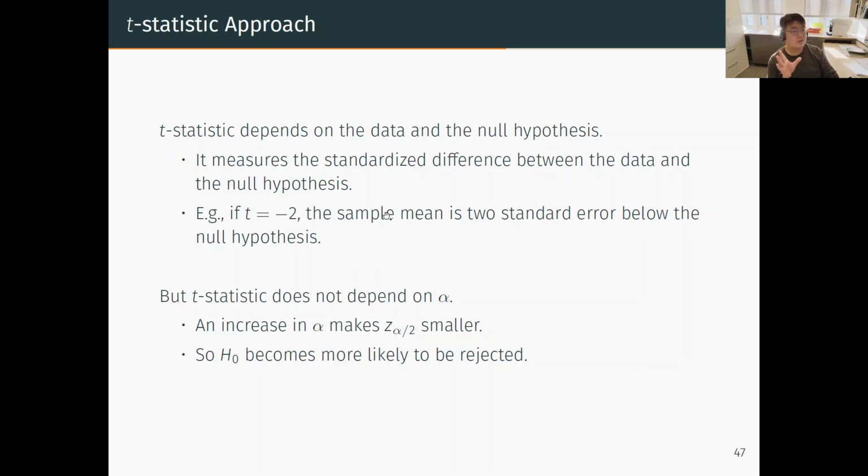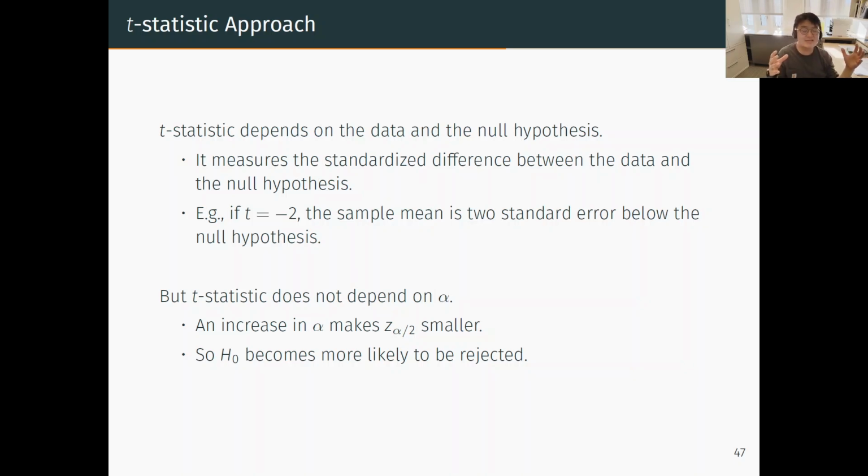Another thing is that the p-value is a little hard to understand. If I say the p-value is 1%, then as you saw in the previous videos, it takes like 20 minutes to explain what 1% means. It's actually not a probability, it is a ranking. So the p-value is hard to interpret in a sentence. But the t-statistic has its own interpretation as the standardized difference.